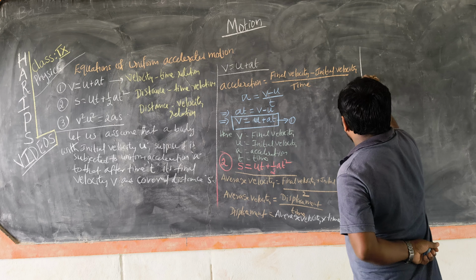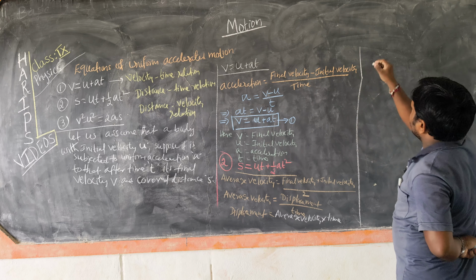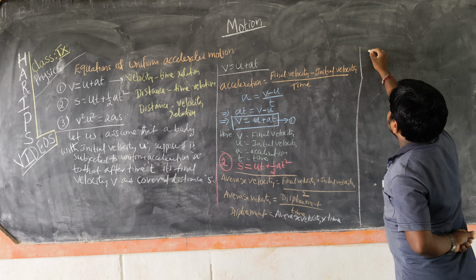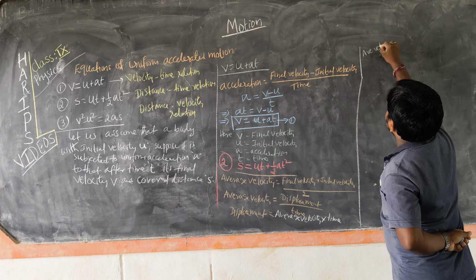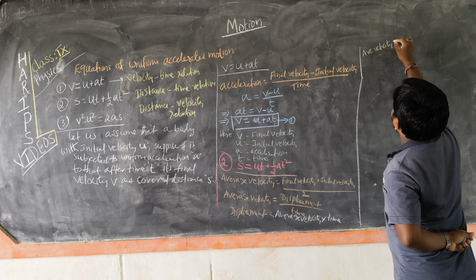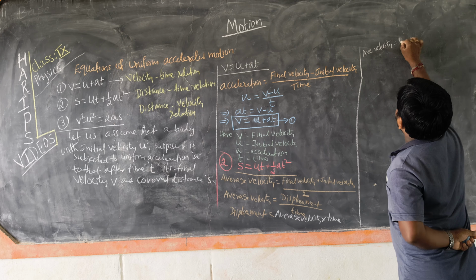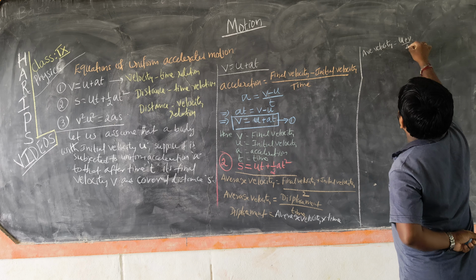From this, average velocity is equal to u plus v by 2.